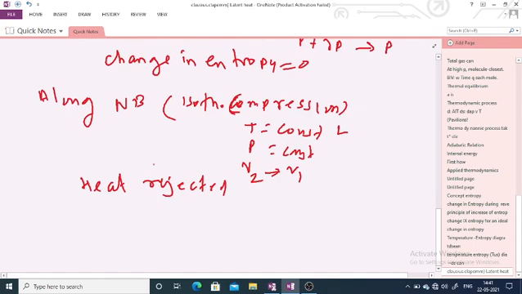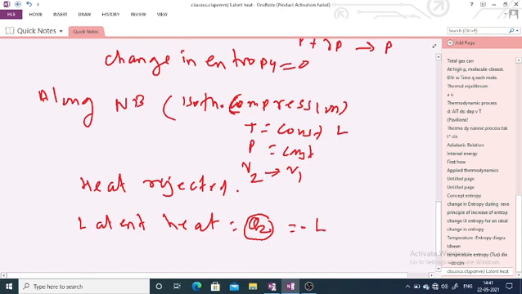The amount of heat absorbed during the phase transition is called latent heat. So latent heat is equal to, suppose, Q2 as per the Carnot cycle, but here we consider L as the latent heat. It is rejected, so you have to take the negative sign.